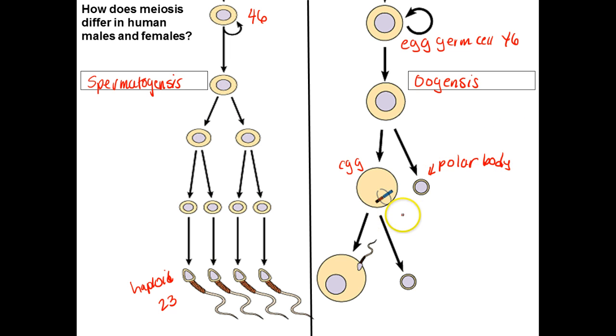And then, and this is the key difference, after fertilization, it completes meiosis. So after fertilization, it'll go through meiosis 2, again producing another polar body. And notice most of the cytoplasm goes to the egg. So cytokinesis is not proportional and does not divide the cytoplasm evenly.